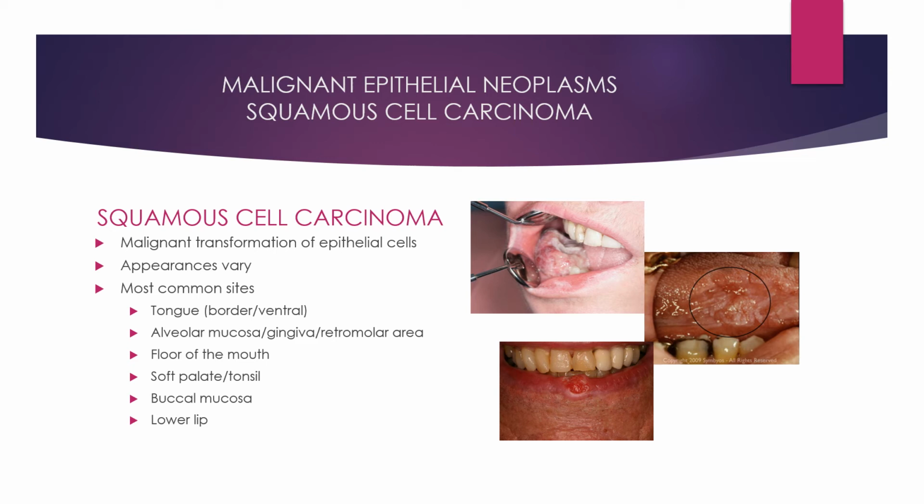The most common sites are the tongue, border, and ventral surface, as you can see on the right-hand side. Alveolar mucosa, the gingiva, and the retromolar area, the floor of the mouth, the soft palate and tonsil, the buccal mucosa, and the lower lip.